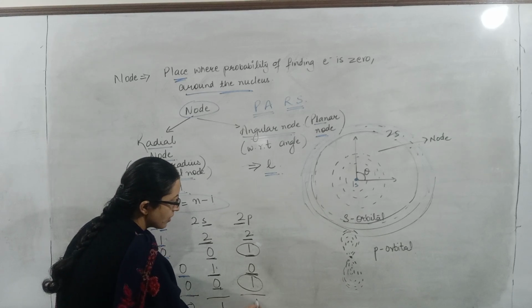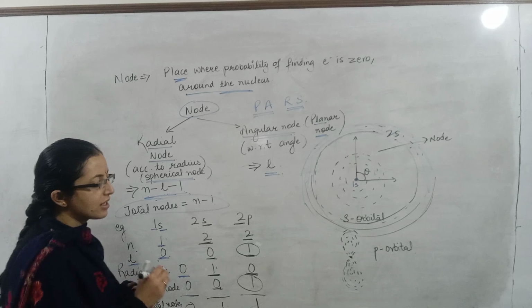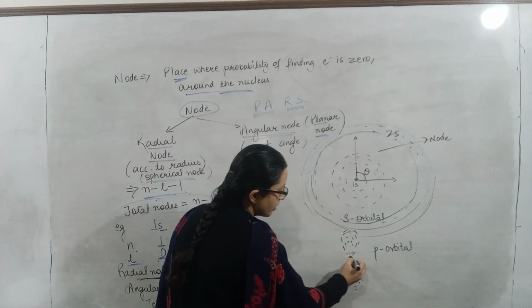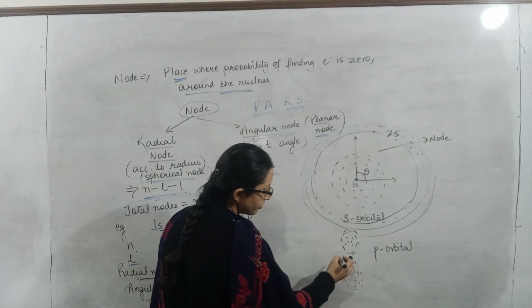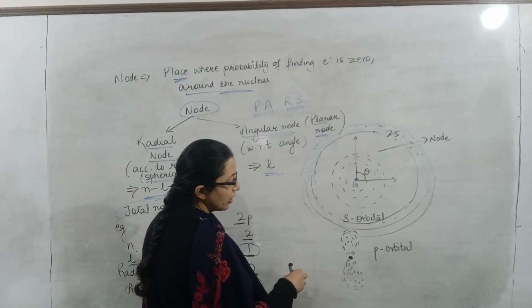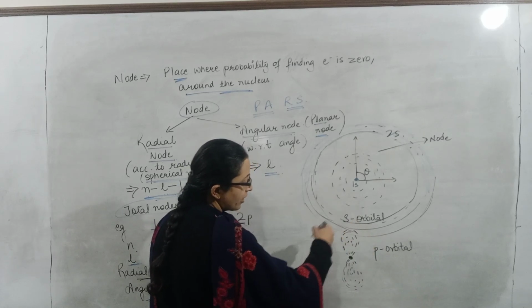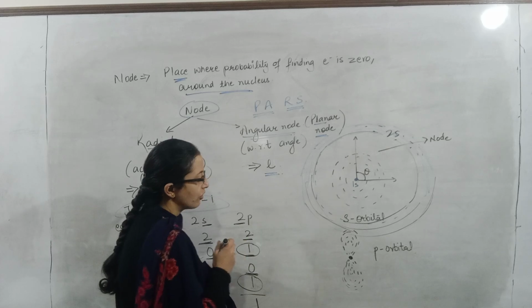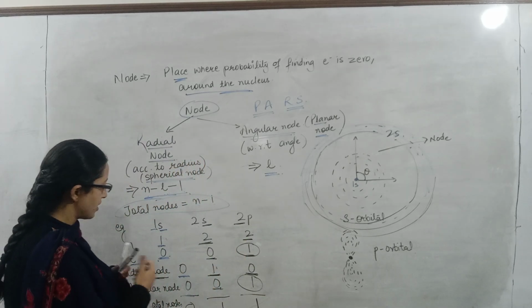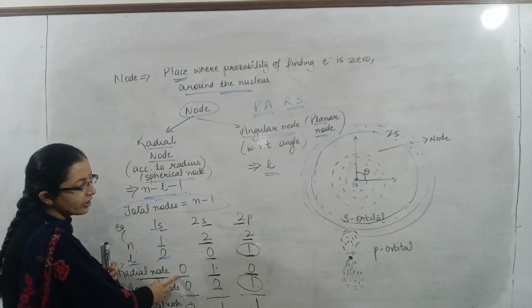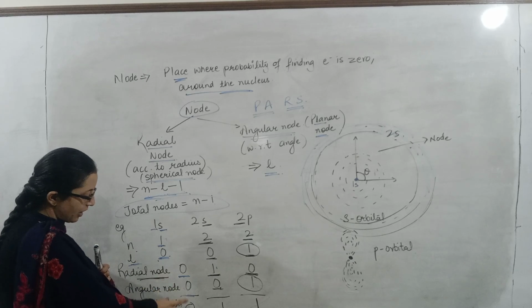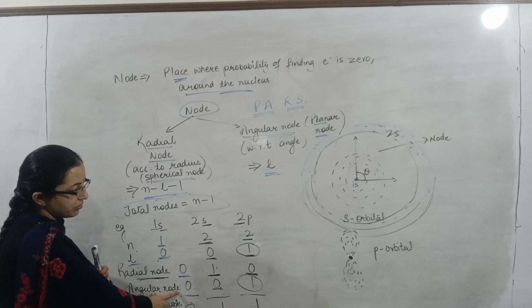So total node is 1. तो 2p orbital कैसा होता है? Suppose like this. This is your 2p orbital. So in 2p orbital, spherically अगर हम देखें तो along the sphere there will be no node present. There is no node along the radii, but there is one angular node, right?